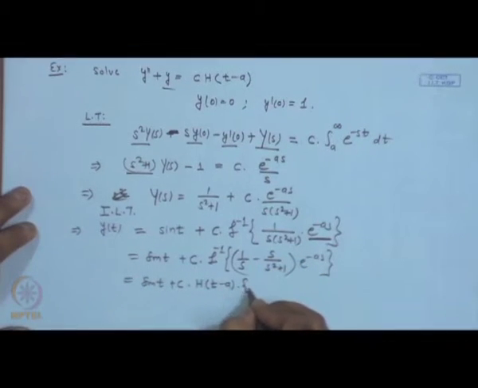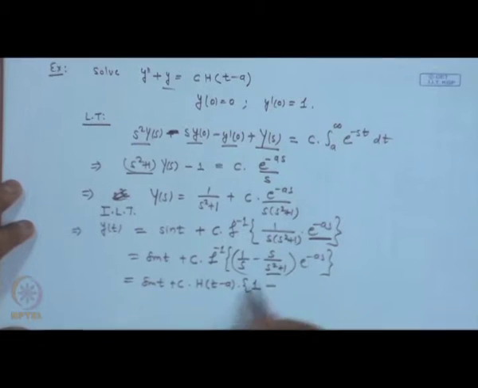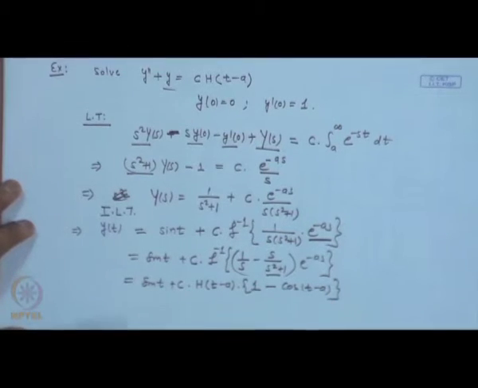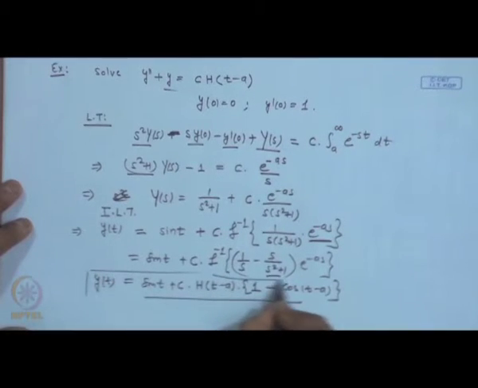So, we have 1, because the Laplace inverse of 1 over s is 1, and minus cos t, since the Laplace inverse of s over s square plus 1 is cos t, but we have the shift here. So, we will get cos of t minus a. So, this is the solution of the given initial value problem.